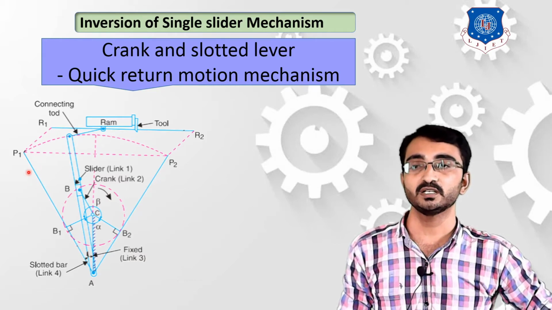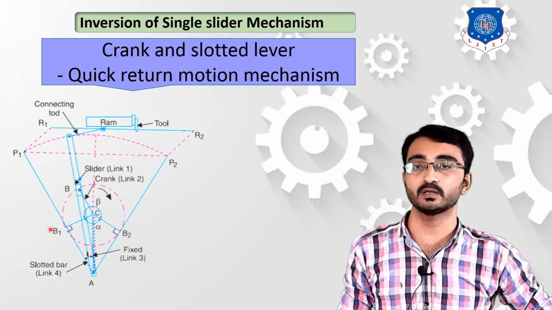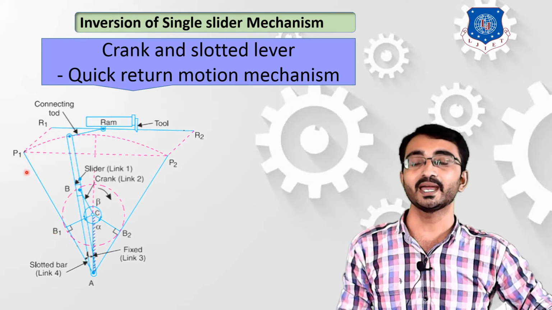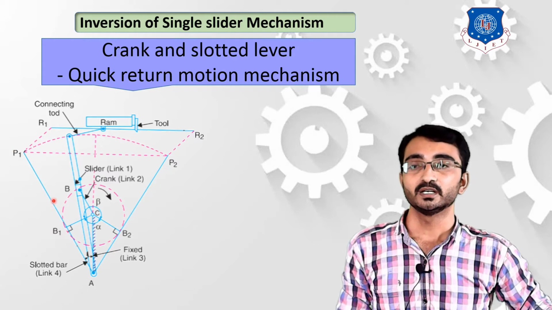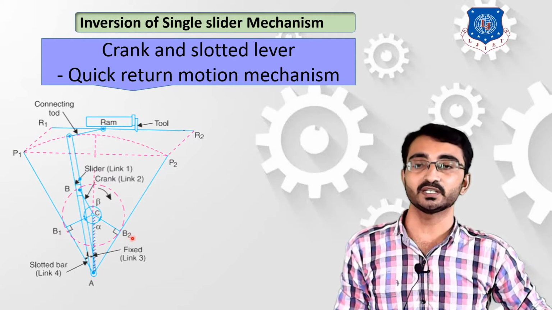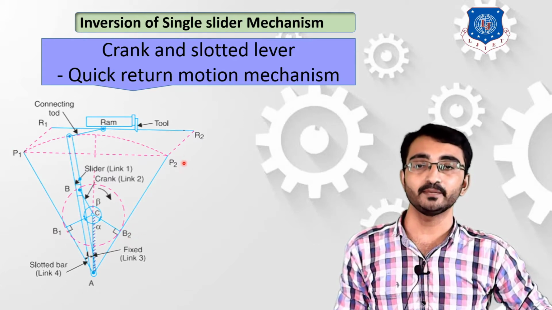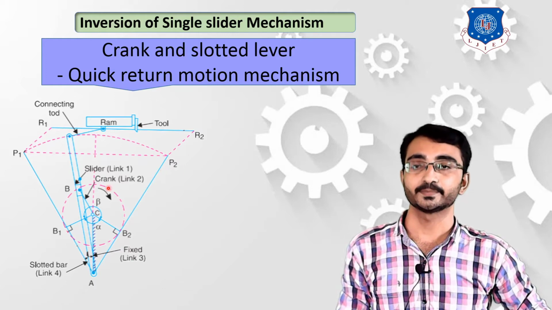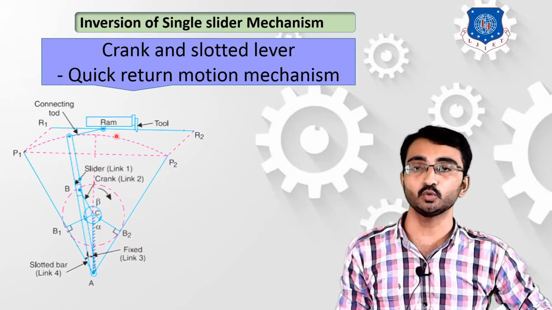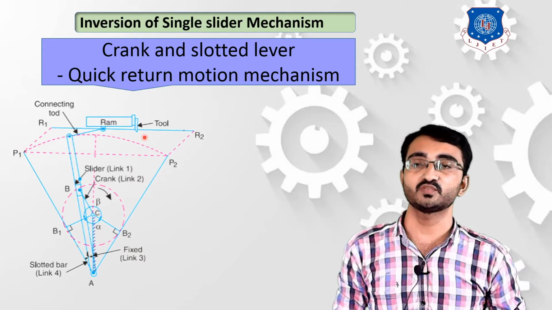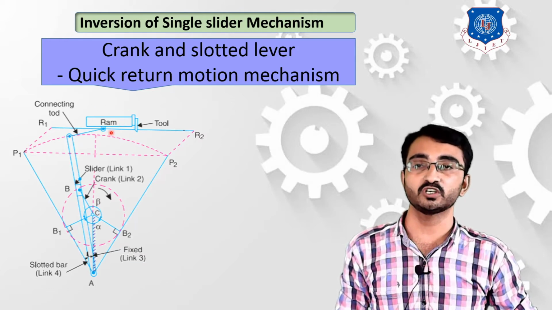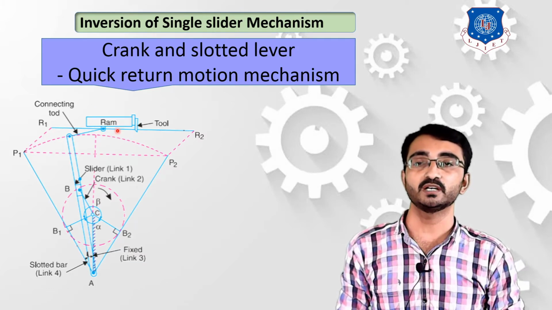The first extreme position is at point B1 and point P1 of your slotted lever, and similarly on the second side it will give us point B2 and point P2 on the right hand side. This P1 to P2 motion will produce forward motion, and P2 to P1 motion will give us return motion. This will give us the reciprocating motion of the ram, which is used in our shaper machine.